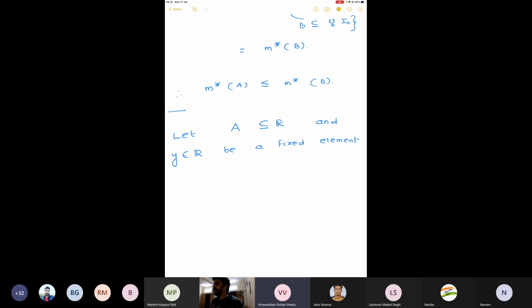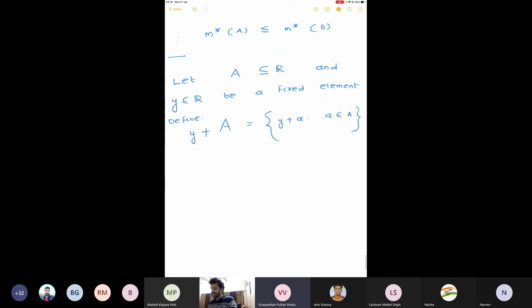In R, you have an addition. So now I am going to define y plus A, y plus the subset A. As you can expect, the natural definition would be y plus small a where a belongs to A. Define y plus A like this.